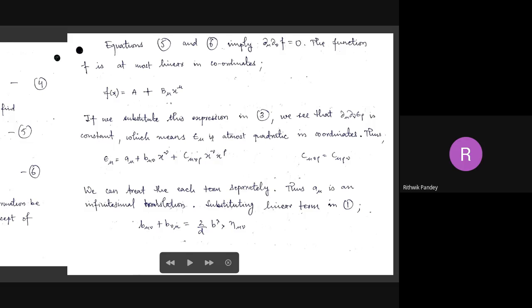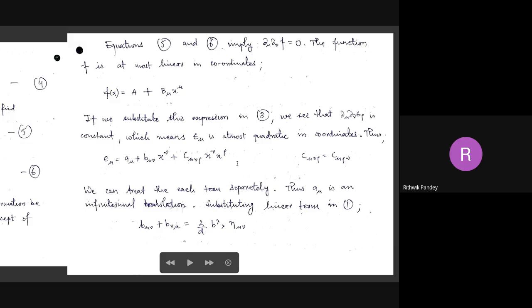So in a general form, I can expand epsilon mu as a mu plus b mu nu x nu plus c mu nu rho x nu x rho, where the coefficient c mu nu rho is symmetric in the last two indices, because x nu and x rho are just multiplied, they commute.